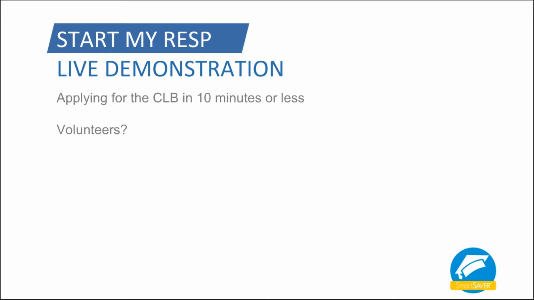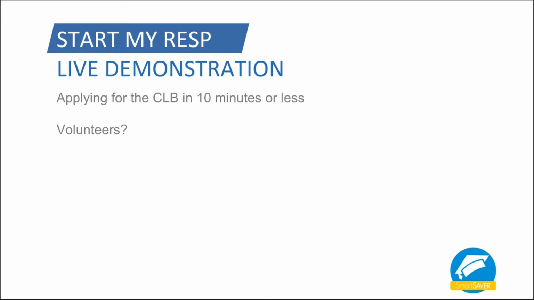Now, if a family's income is really close to the cutoff, either above or below, it's always a good idea, if they don't have an RESP, to simply open the RESP and apply for the Canada Learning Bond. It could be that at some time in the past the family was at an eligible income, or it's possible that sometime in the future the family might be income eligible.